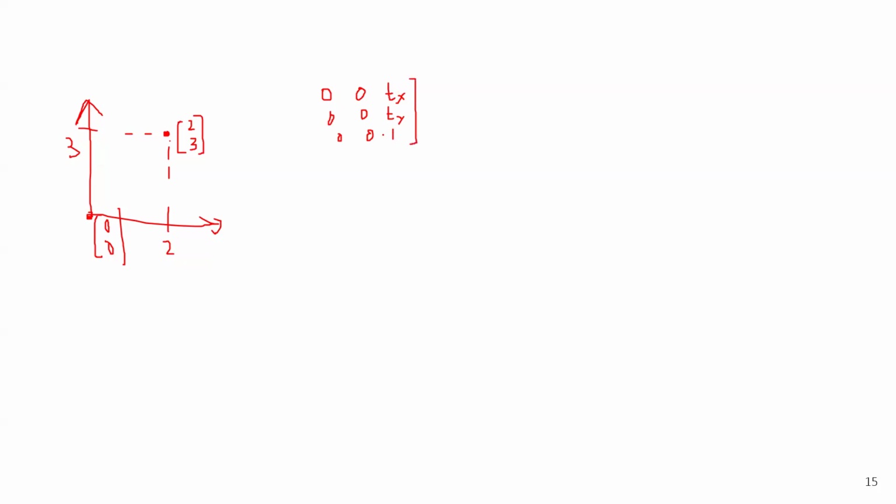It only affects translation. But now you can see, if I want to multiply this by a vector here, since I have 3 numbers here, 1, 2, 3 numbers here, I have to have 3 numbers there. 1, 2, 3 numbers there.